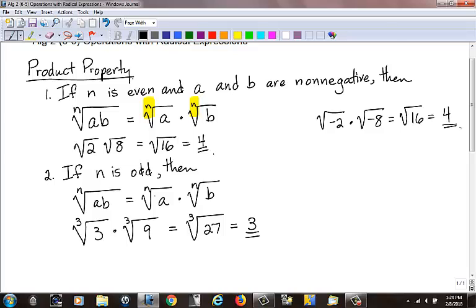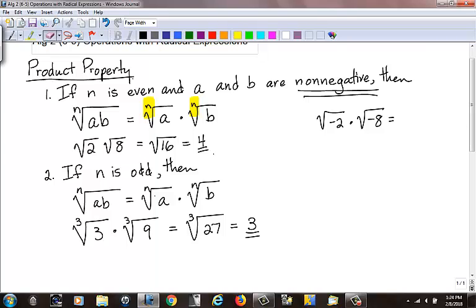Everybody okay with that? Oh, wake up. Is -2 non-negative? No. This is where the author's going to catch you sleeping on a test or on your homework. This is not legal.